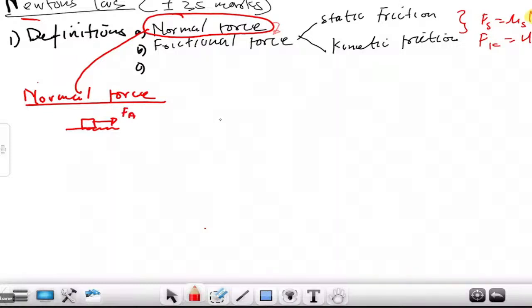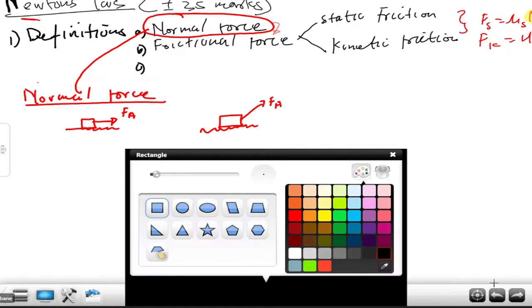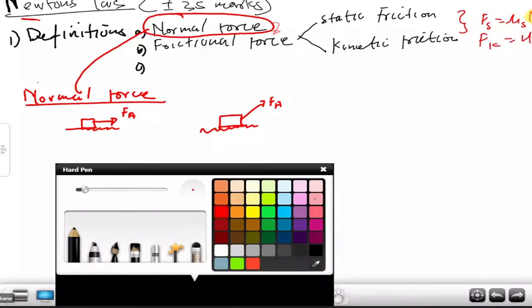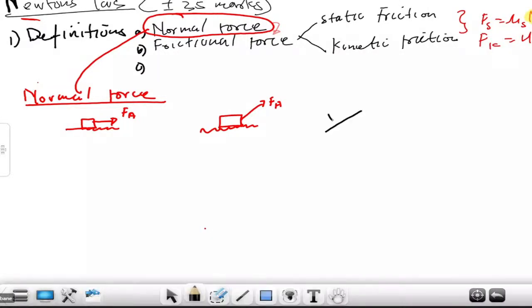We are going to have a situation where we have our frictional force, but the force is applied in this particular direction. And lastly, we have an object sitting on an inclined plane, also with a force applied.